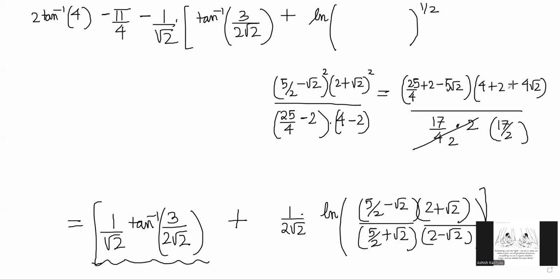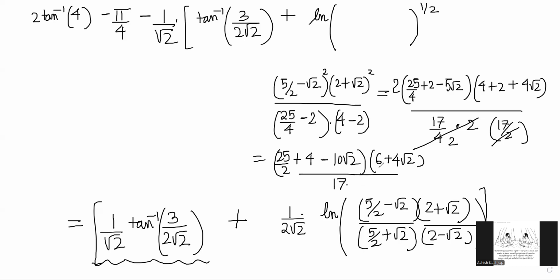So this is becoming a 17 by 2 here in the denominator, right? So 17 by 2, the 2 will go on top, multiply here, and I'll remove the 2 from here. So I will get 25 by 2 plus 4 minus 10 root 2, whole thing multiplied by 6 plus 4 root 2, and the whole thing divided by 17.